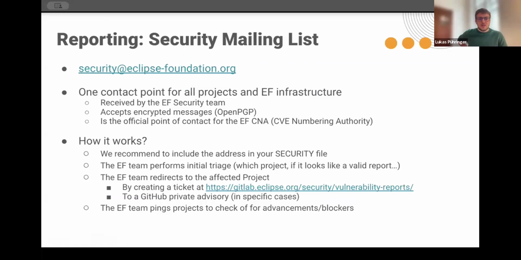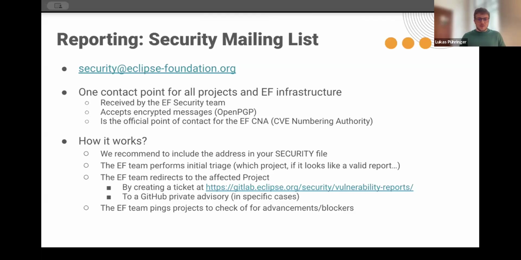All have this contact point for security issues. The messages are received by us, the Eclipse Foundation security team. We accept encrypted messages using OpenPGP, but that's not a strict requirement. And as Marta already mentioned before, Eclipse Foundation is a CNA, that means a CVE numbering authority. And this is also the official point of contact for the Eclipse CNA.